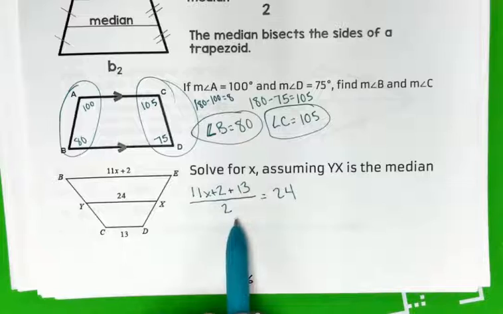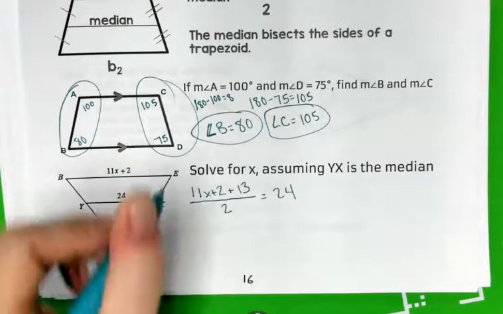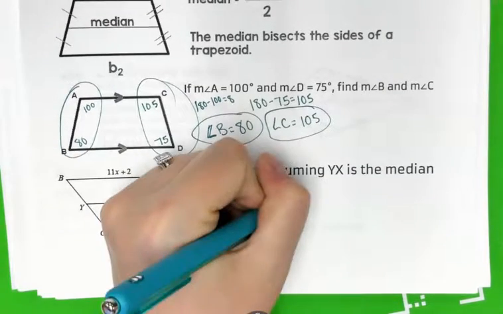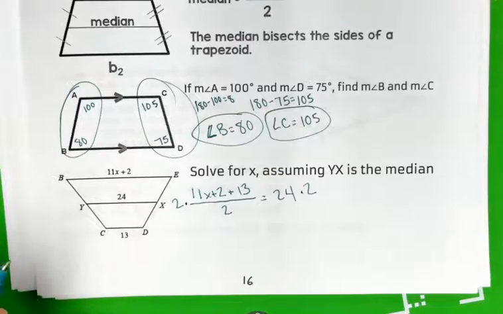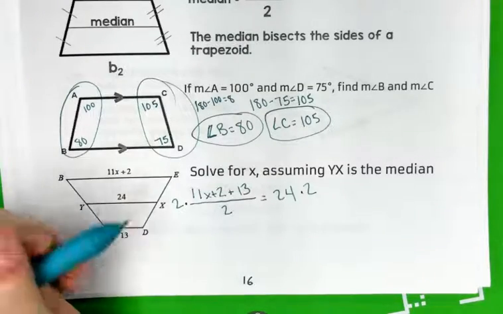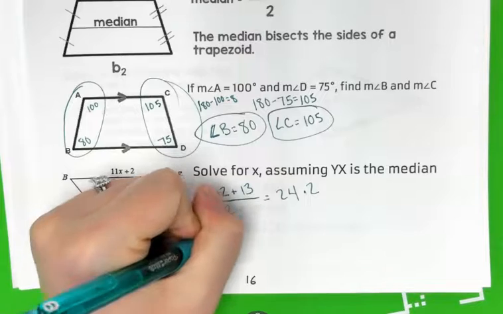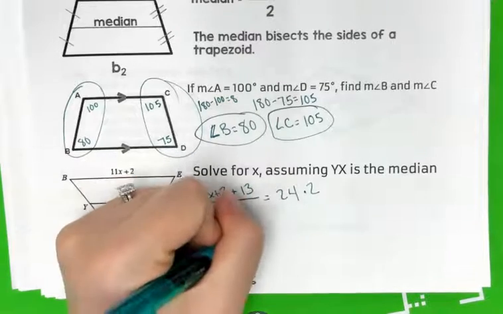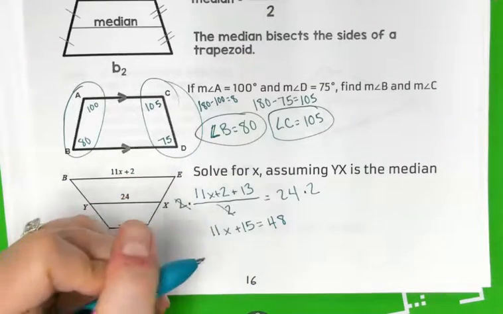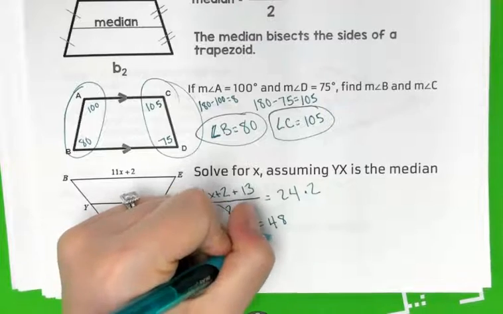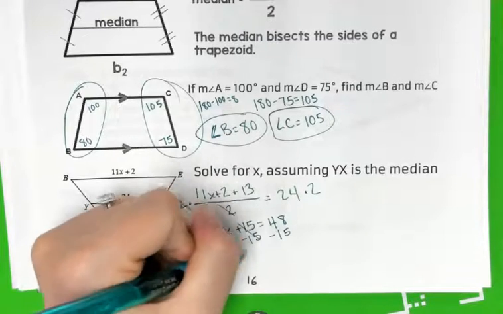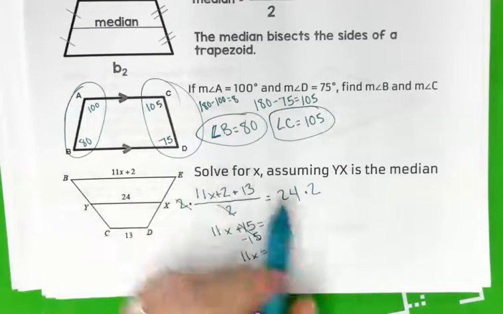Alright, and anytime I have a fraction and I'm able to get rid of it, that's exactly what I want to do. So I'm going to multiply by 2 on both sides. And that's going to get rid of this fraction. This is going to be 11x plus 15 after I combine like terms, and this is going to be 48 on this side. I'm going to subtract 15 on both sides.